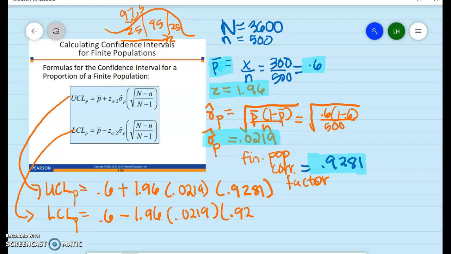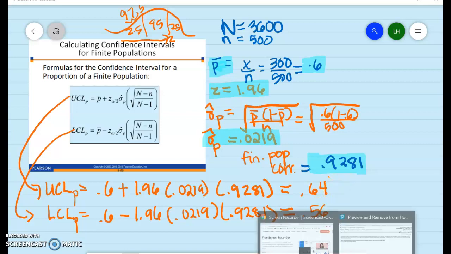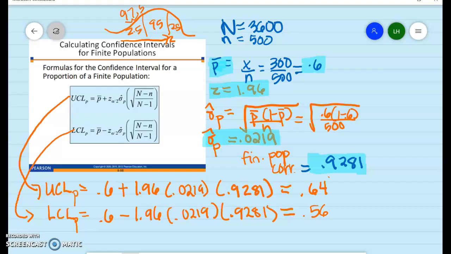And I'm going to put all that in, and then once I get my answer, I'm going to round it to 2 decimal places. And so your confidence interval when you round is going to be, we're going to round to 3 decimal places, but that won't change my answer, 0.560 and 0.640.